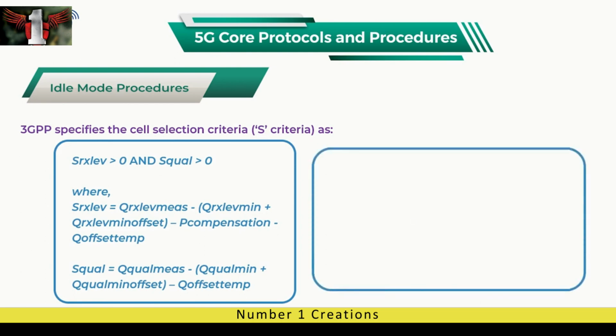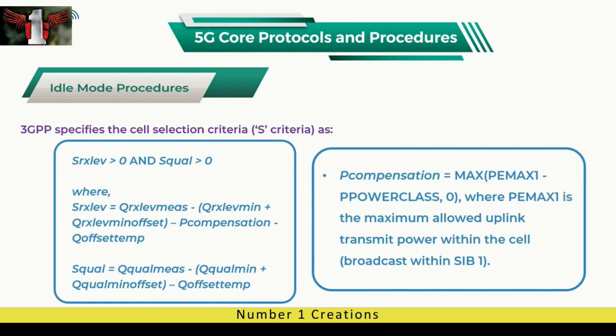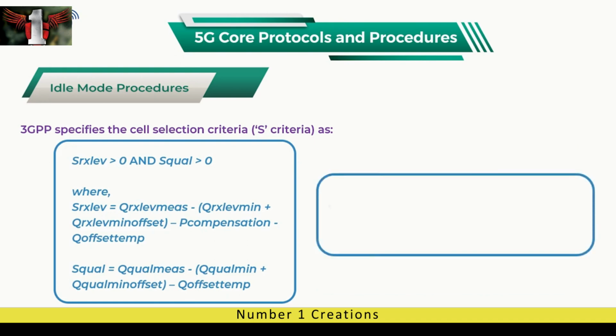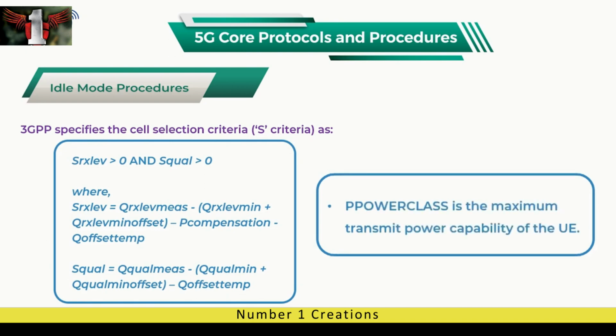P compensation. P compensation is used to adjust the value of QRX level minimum according to the UE transmit power capability. In a simple deployment scenario, P compensation is given by this formula, where PEMAX1 is the maximum allowed uplink transmit power within the cell broadcast within SIB1, and power class is the maximum transmit power capability of the UE.